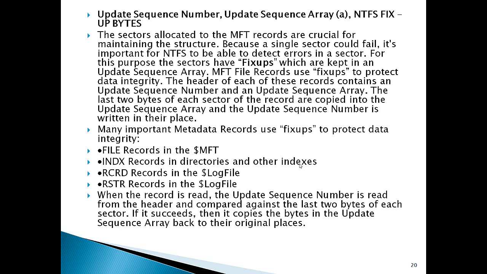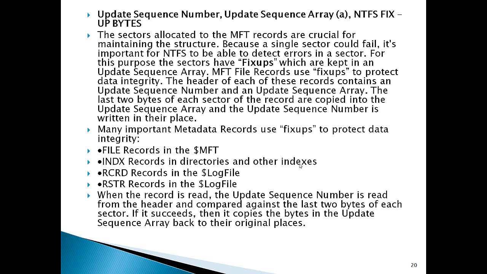MFT file records use fix-ups to protect data integrity. The header of each of these records contains an update sequence number and an update sequence array. The last 2 bytes of each sector of the record are copied into the update sequence array, and the update sequence number is written in their place.